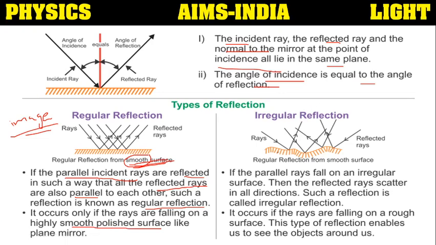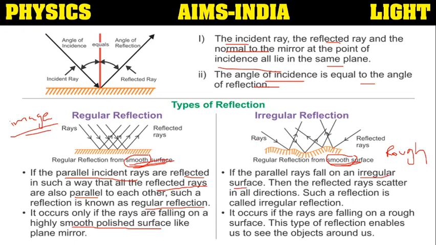So irregular reflection. Here the surface is smooth, but not completely smooth. So somewhat rough surface is there, or we can take it as a rough or irregular surface.